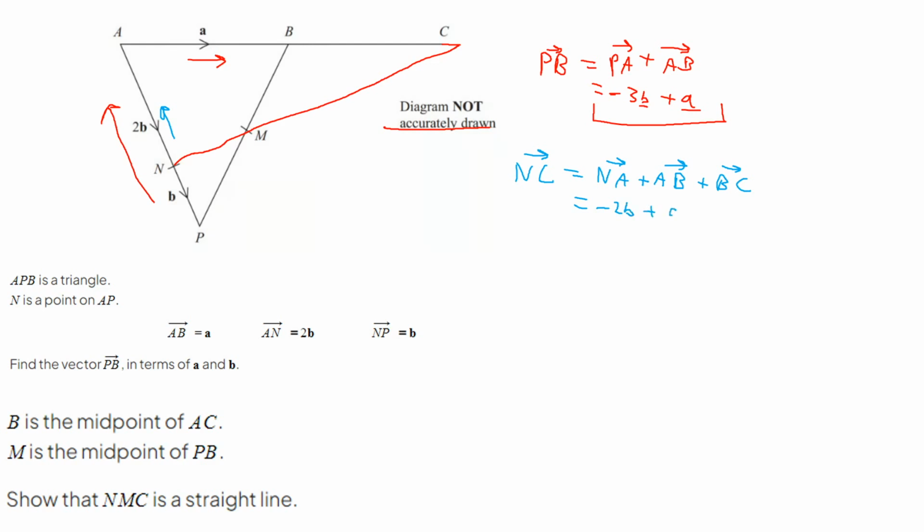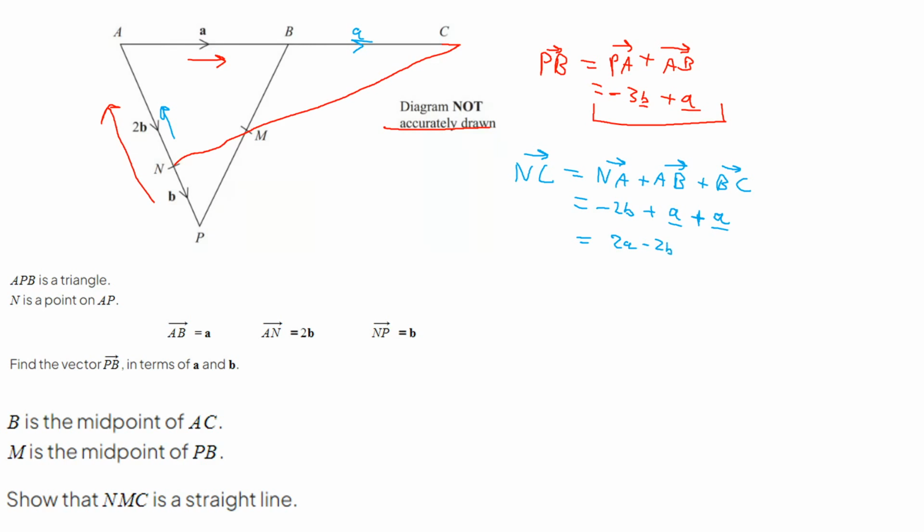A to B is still a. Now, B to C, because it's on the midpoint, is also going to be a, isn't it? So therefore, we can safely say that this is a. So our final answer is 2a minus 2b.